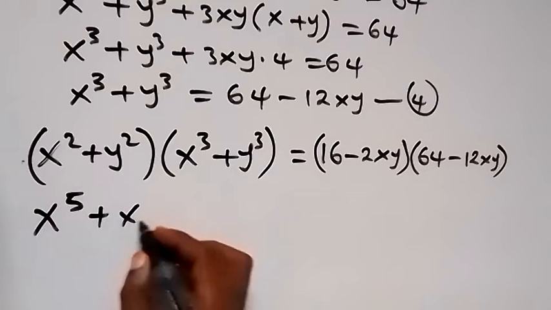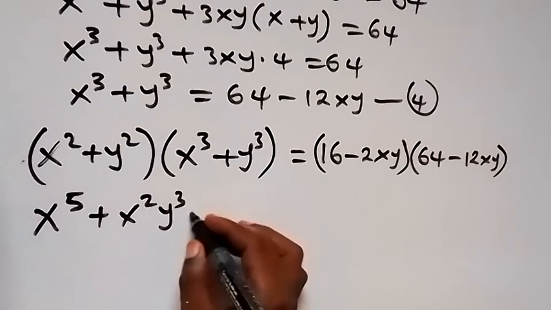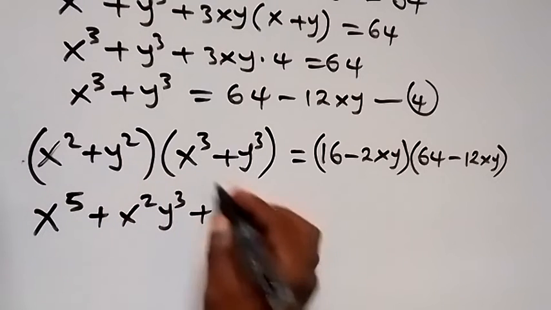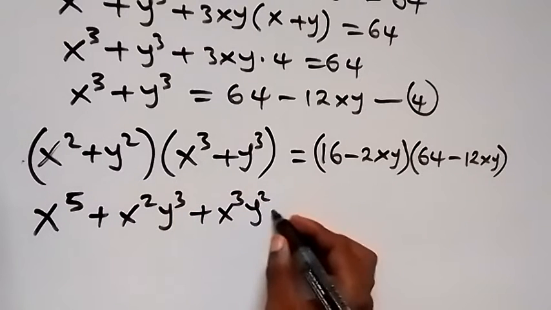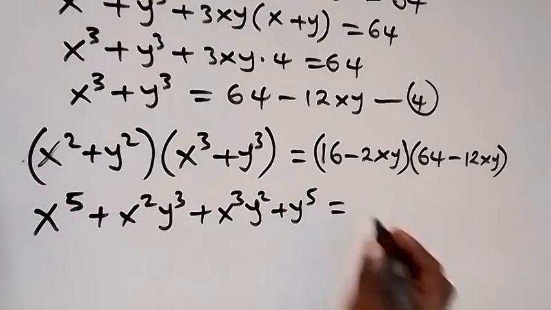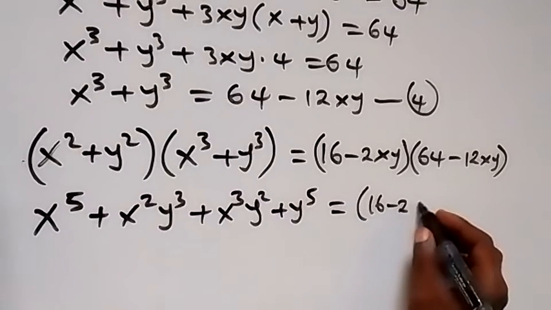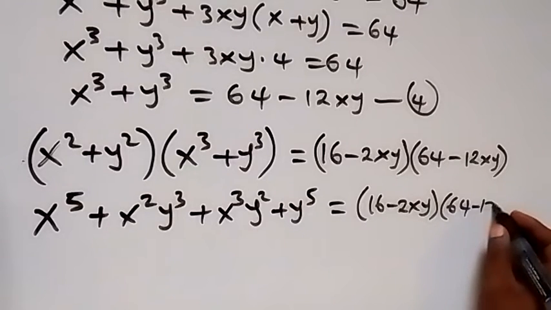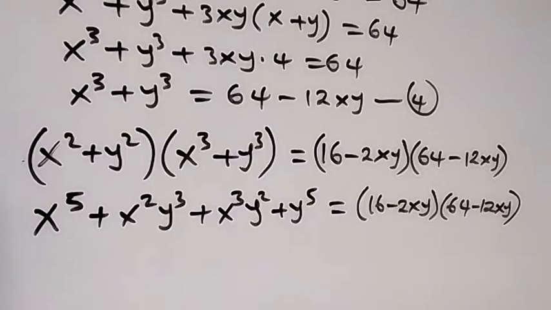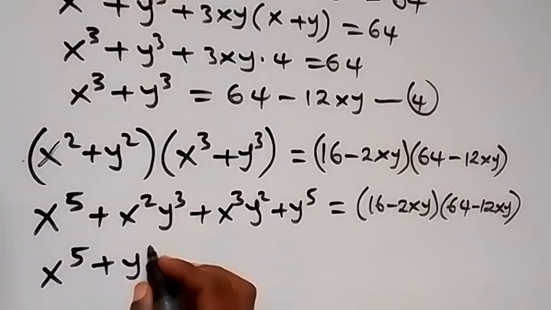Then plus x squared times y cubed, then plus x cubed times y squared, then plus y raised to power 5, equals, let's still write this the same way, 16 minus 2xy times 64 minus 12xy. In the next step, let's take the power of 5 terms together on one side. So we have x raised to power 5 plus y raised to power 5.